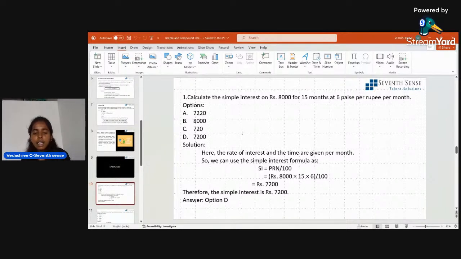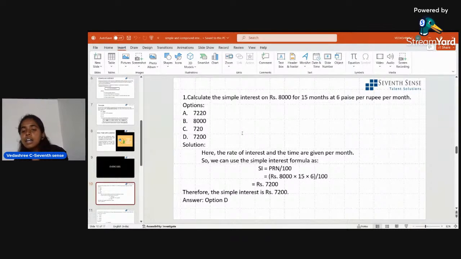To calculate the simple interest, we have a formula, that is PRN divided by 100. So here the principal amount is 8,000 into 15 into 6.